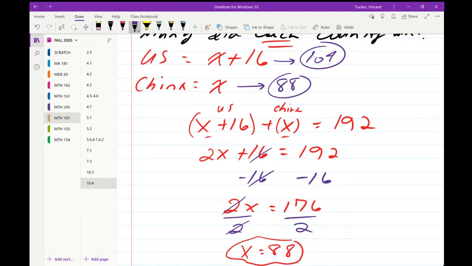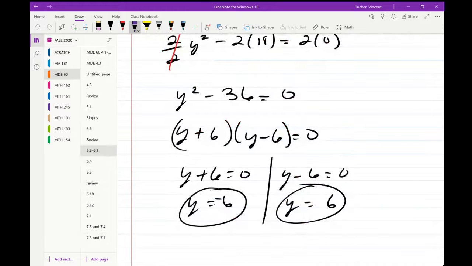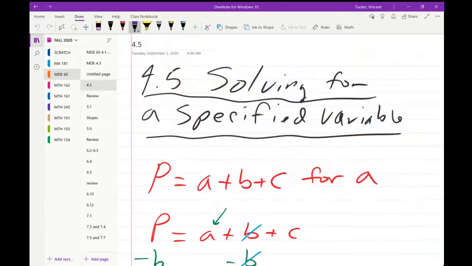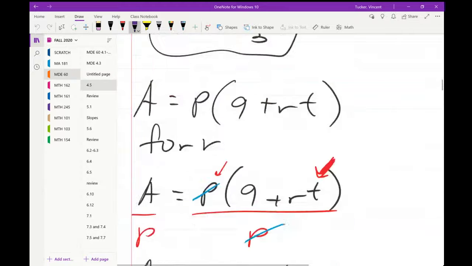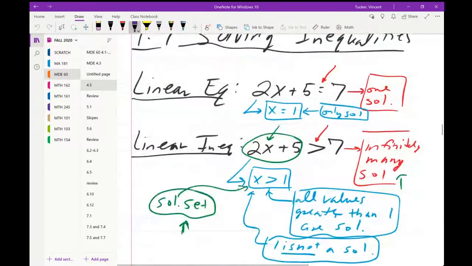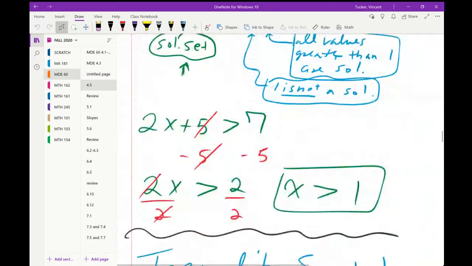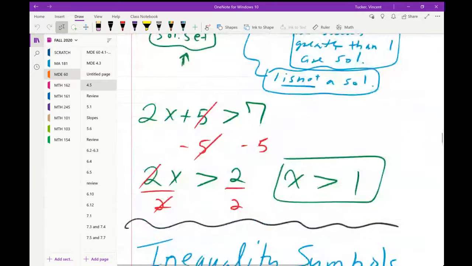All right, so questions before we go into solving inequalities. I think I may have already written these up. Give me a second. Let me see something. I'm looking for... Yeah, let's do this.